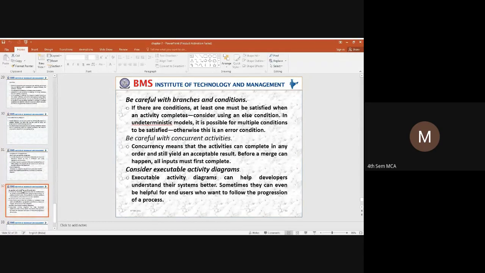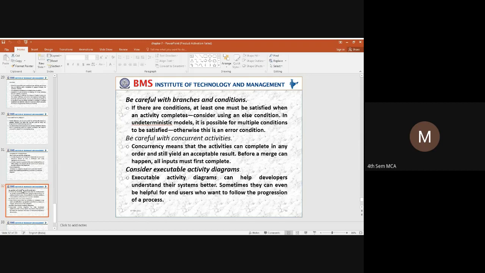Next, we have branches and conditions. Whenever we indicate branches, we should be careful that one of the conditions must be satisfied. If that condition is not satisfied, how is the error raised? That error condition must be indicated in the model itself.